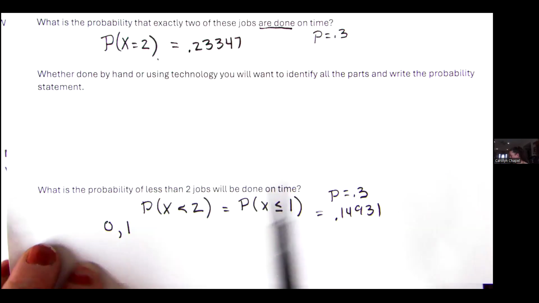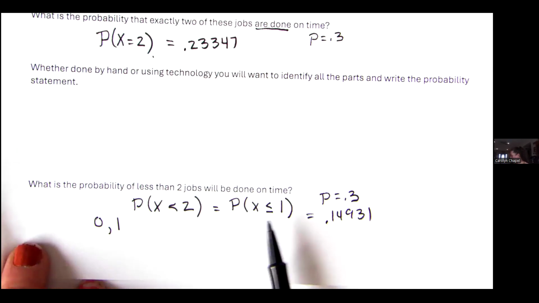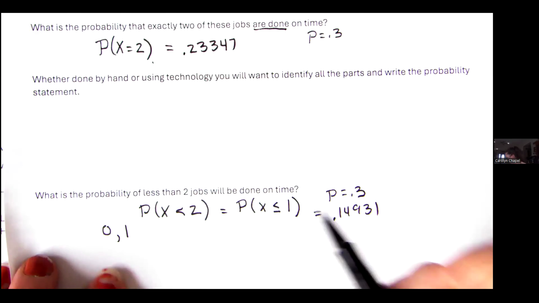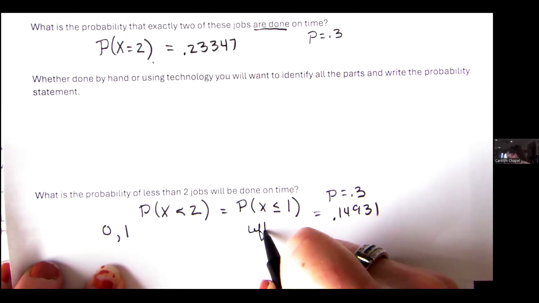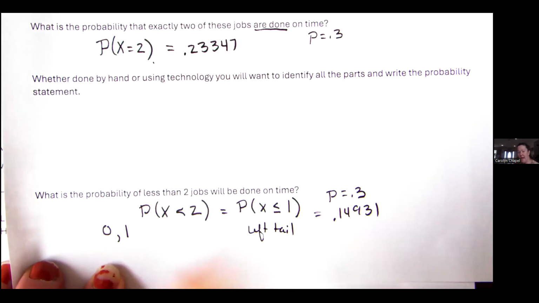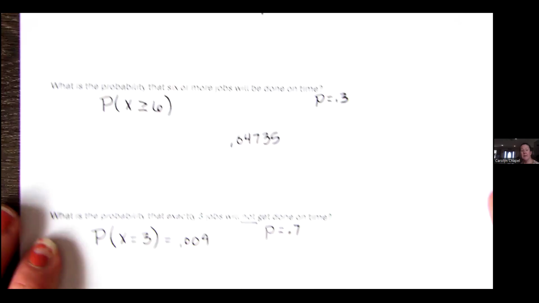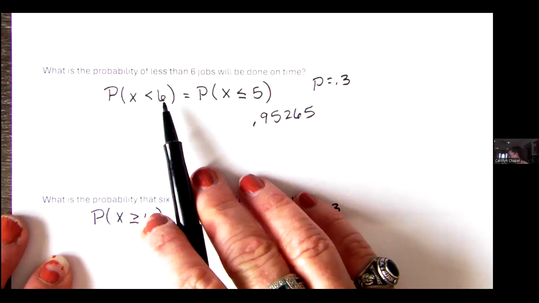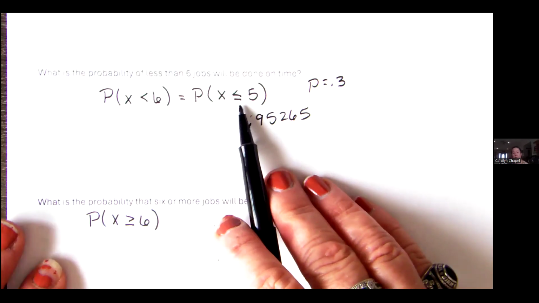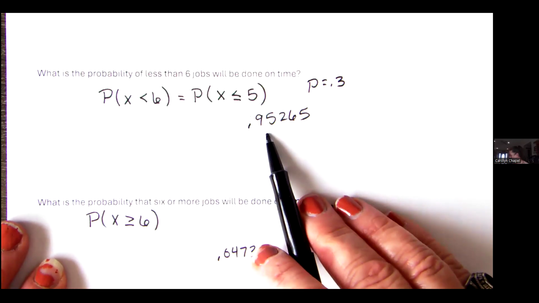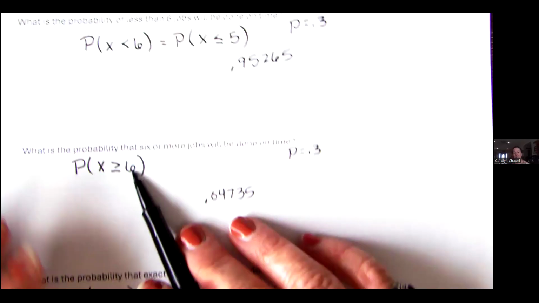We did less than 2, which we can't do, so we did less than or equal to 1, which was a left tail, because that's looking to the left on our curve. That gave us that value. We had less than 6, which was less than or equal to 5. That was this value. Here was our greater than or equal to 6.